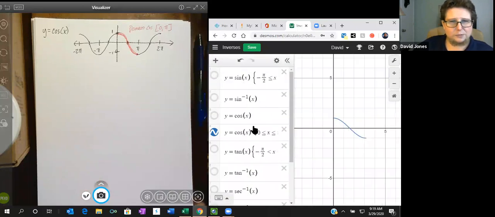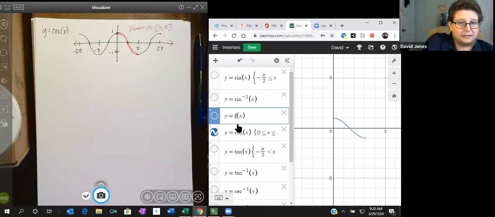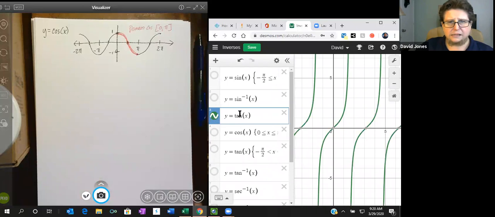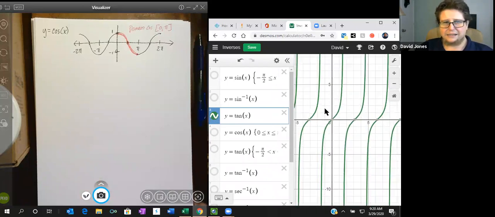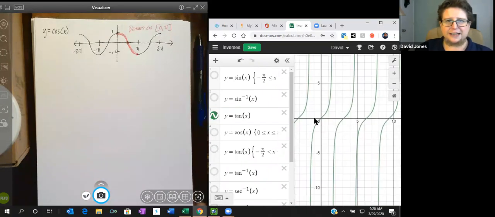And tangent is pretty easy to see. Remember, tangent has those asymptotes at all the odd values of π/2. That's when the graph starts repeating. And other than that, it doesn't repeat.